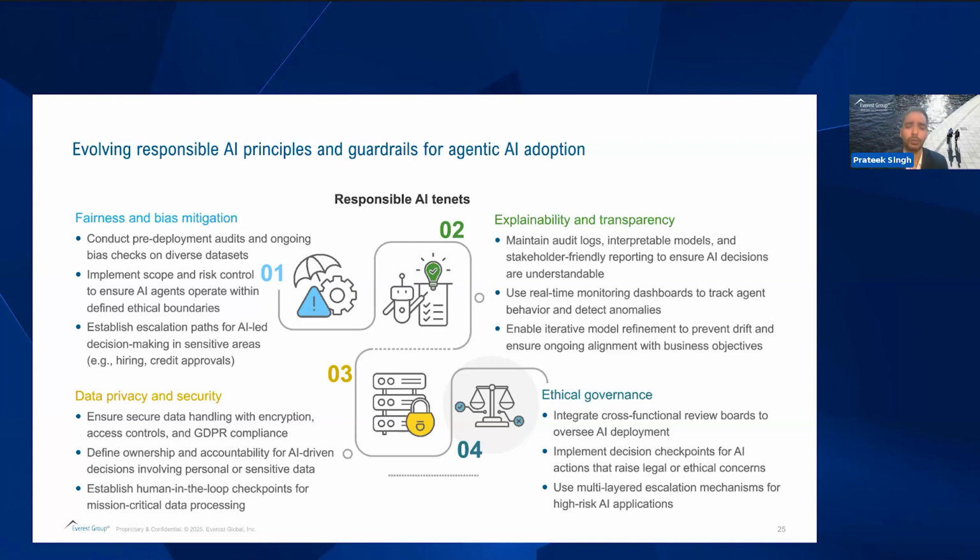Aligned to that, we also see a lot more focus on explainability and transparency when it comes to how some of these AI agents work, and even the reasoning behind the actions they take. And overall, across the board, we do see a lot more focus on the governance part of leveraging some of these AI agents as well.